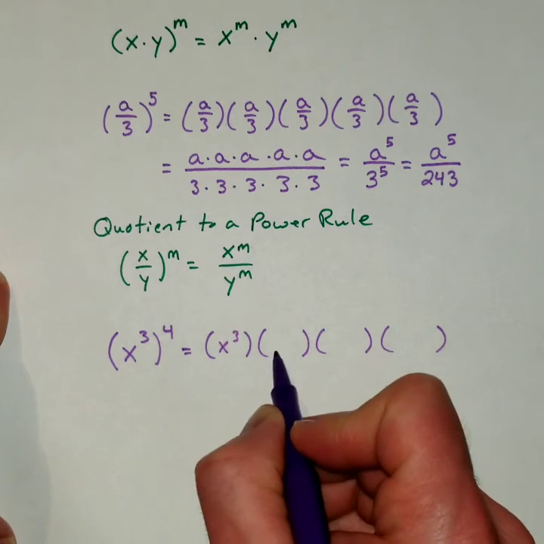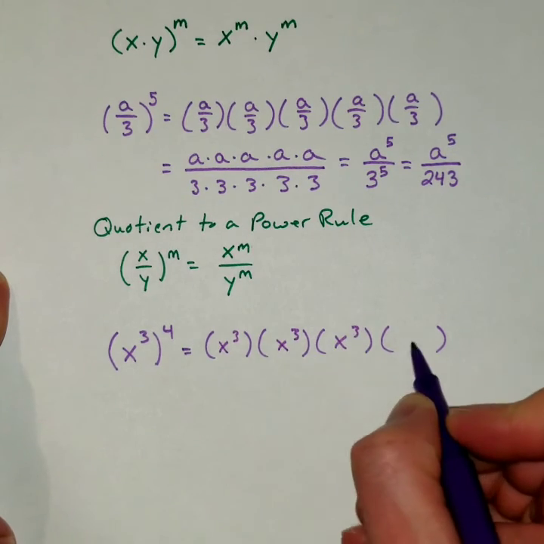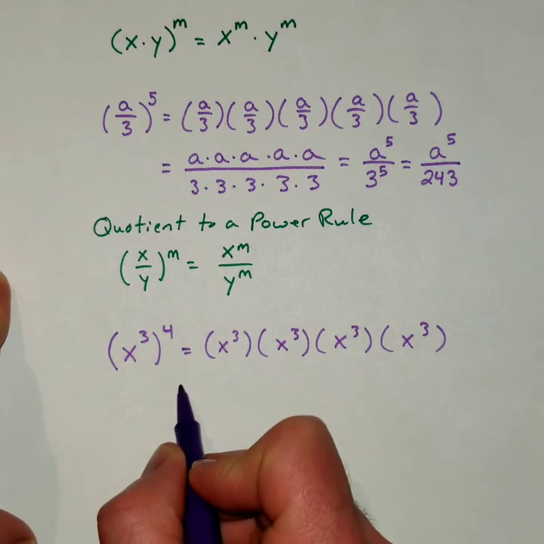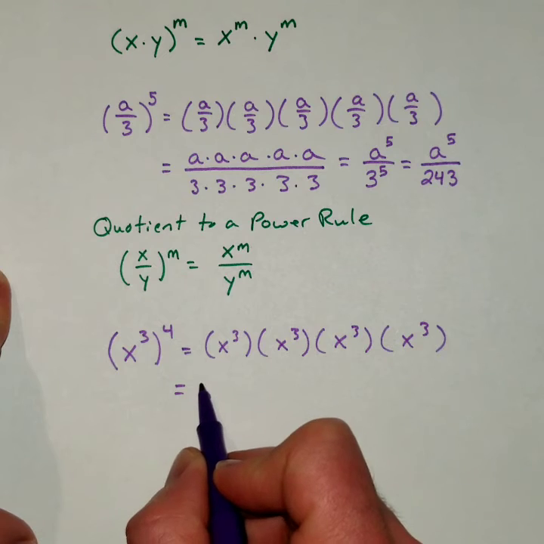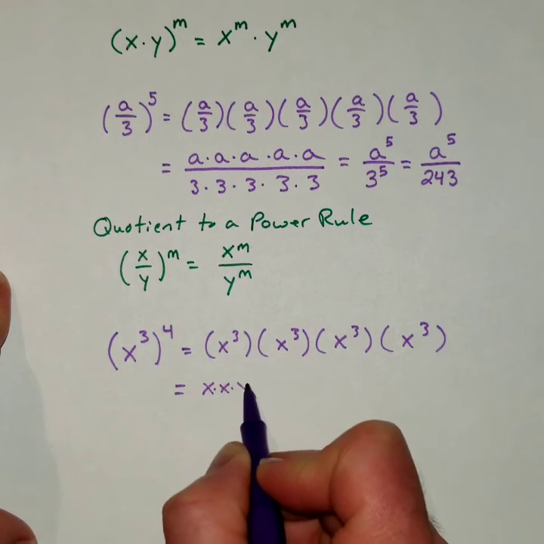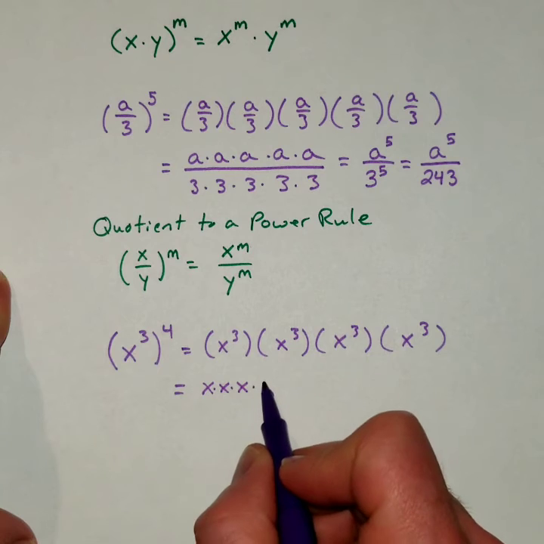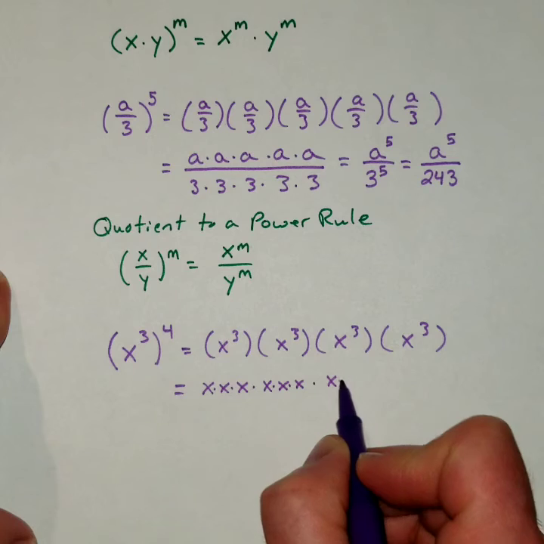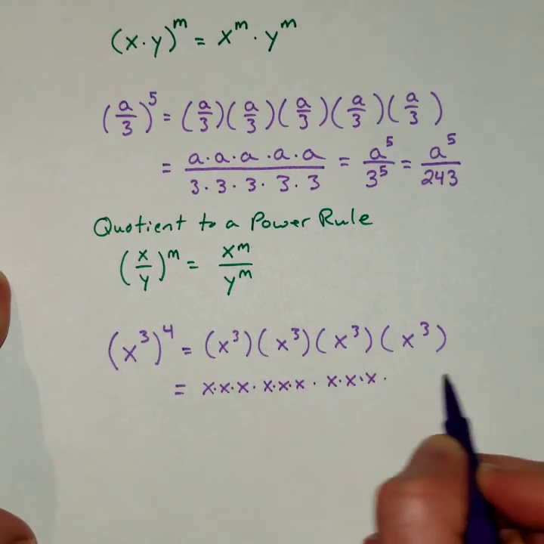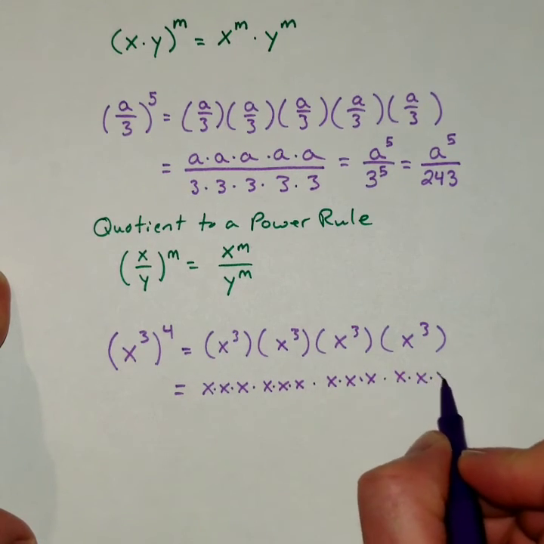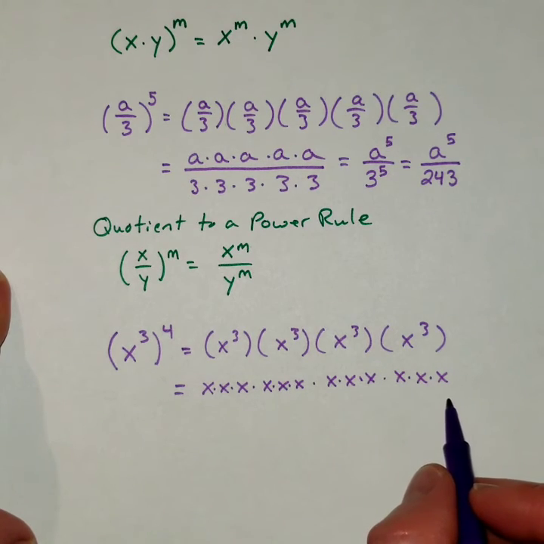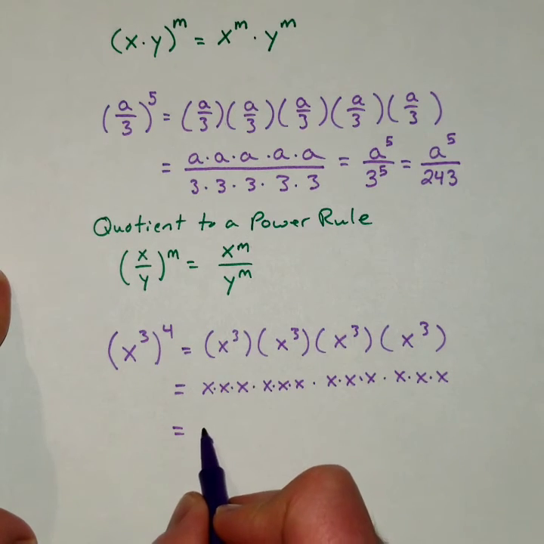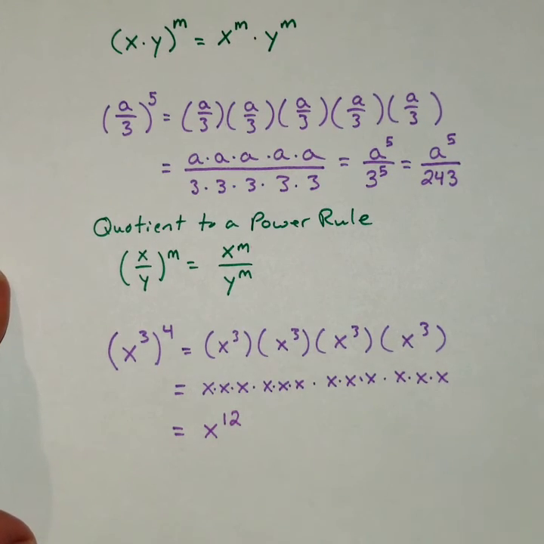That's x to the 3rd, x to the 3rd, x to the 3rd, x to the 3rd. Each of these x to the 3rds is 3 individual x's. So you get x times x times x. Then here I get another x times x times x. Here I get another x times x times x. And this one is another x times x times x. And if you count all these up, there should be 12 of them, right? There are 4 groupings of 3. And so you end up with simply x to the 12th.